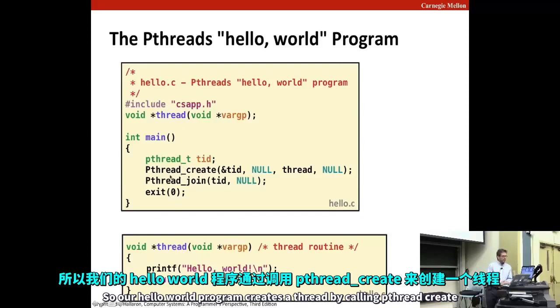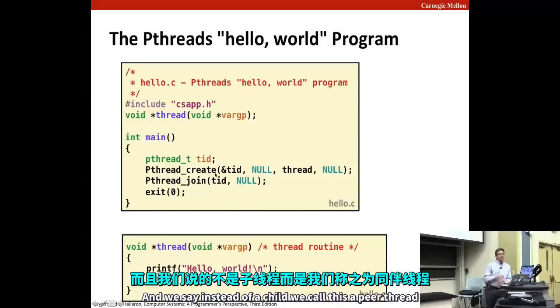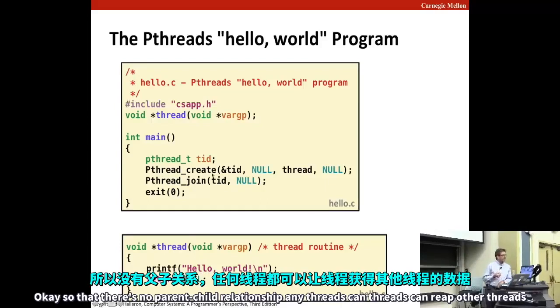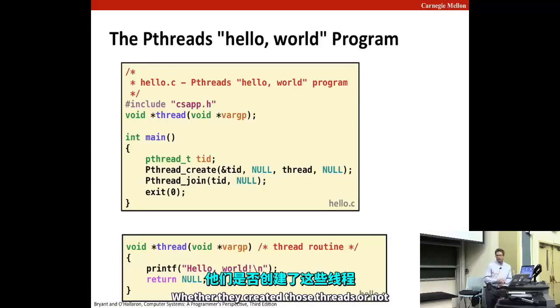Our Hello World program creates a thread by calling pthread_create. And instead of a child, we call this a peer thread, so that there's no parent-child hierarchy. Any thread can reap other threads, whether they created those threads or not.